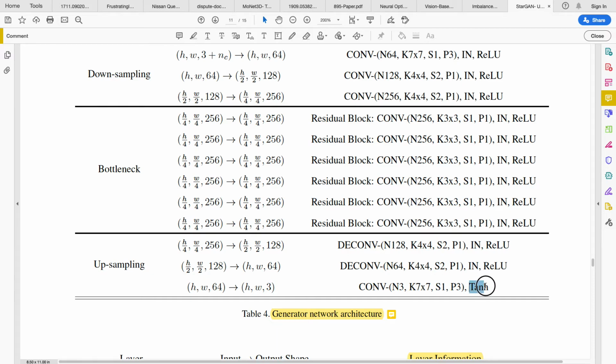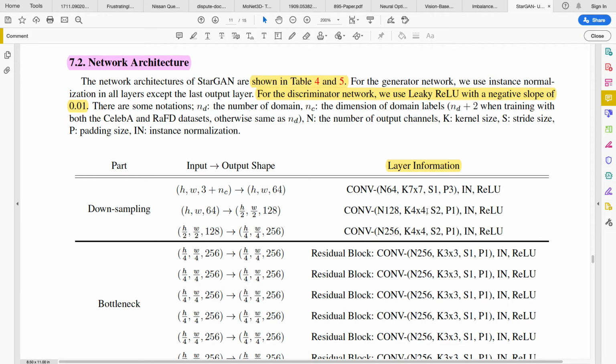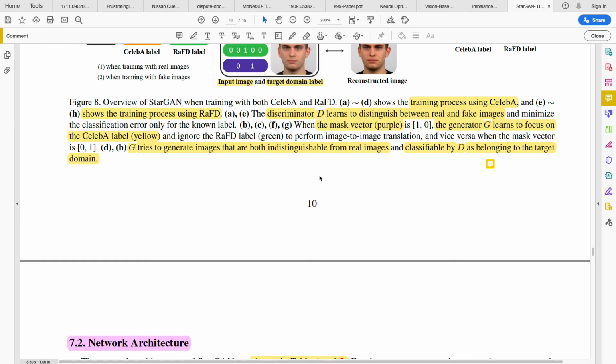They use the tanh activation function here, and they use ReLU, the rectified linear unit. They use instance normalization. So that's essentially this paper.